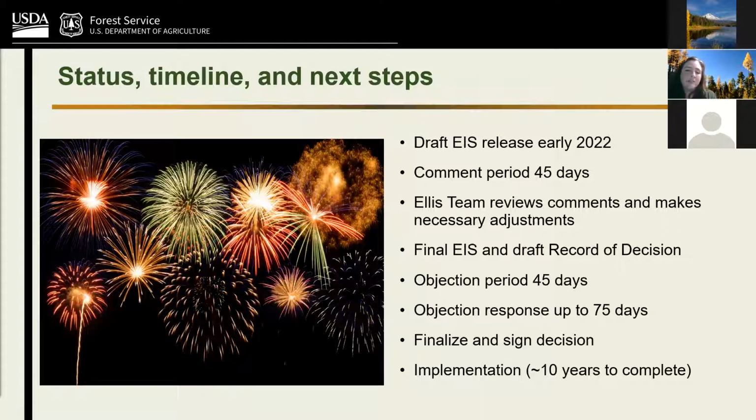And so with the draft record of decision, when that's released, it will also be published. The objection period will start with the publication in the Federal Register, and it will start the objection period, which is 45 days for objection. So that's anybody who has made a comment in any of the formal comment periods.